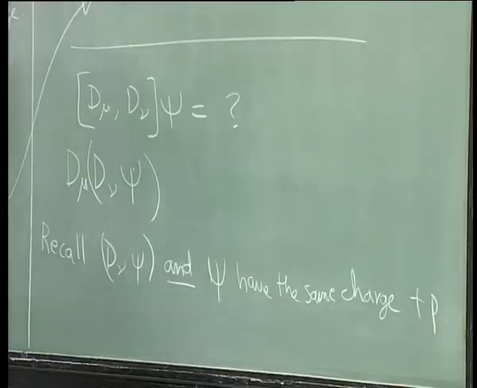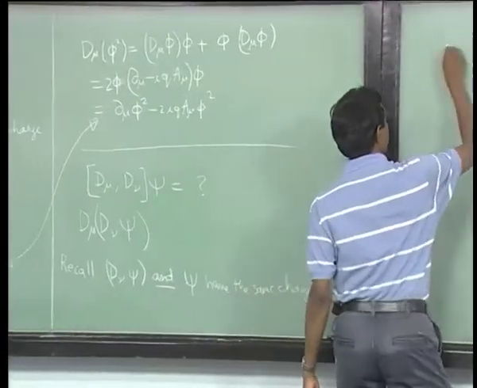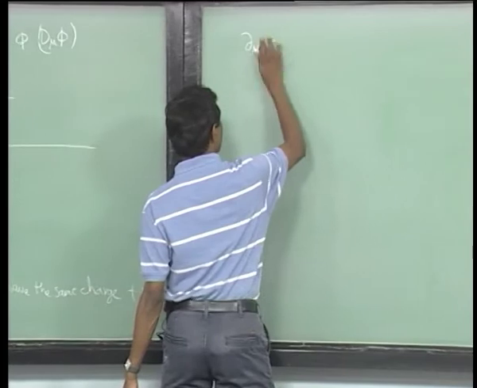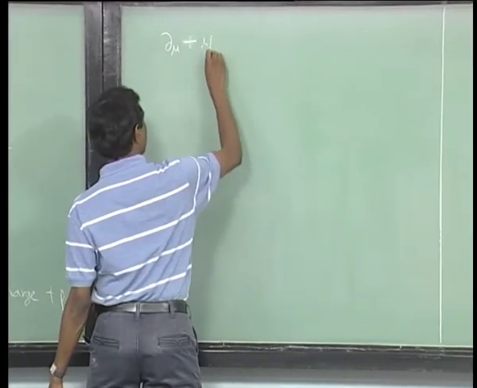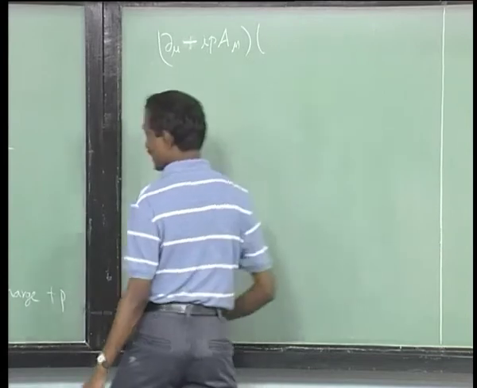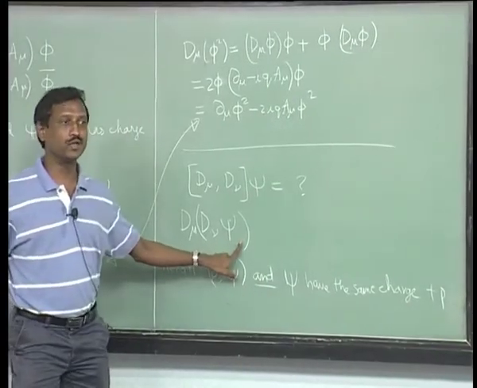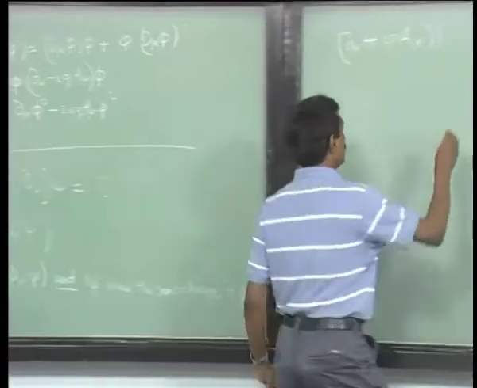So, let us write out what we would write here. We would write D mu, rather minus i p A mu, acting on D nu of psi, which again we know what it is, acting on something which has charge p.